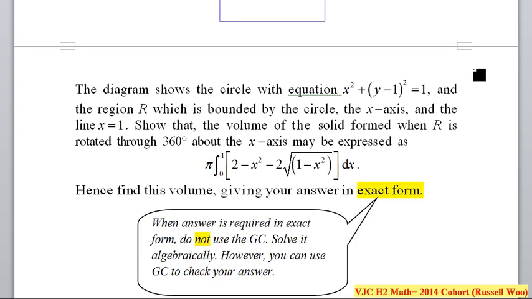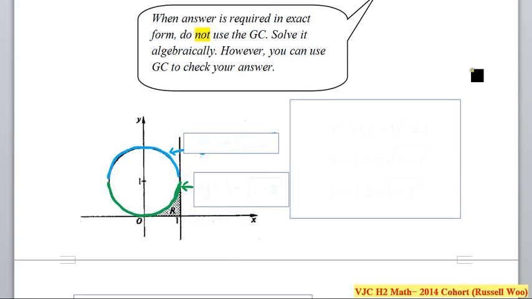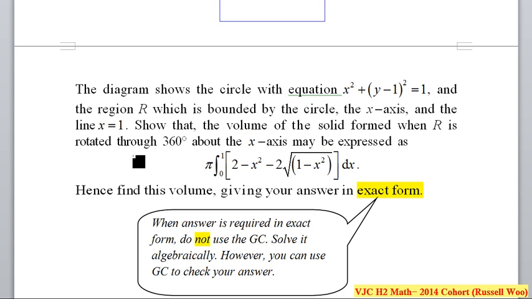The diagram shows, given diagram, diagram shows this, which is here, the diagram. It shows a circle. Center is 1, 0. Okay, no problem. This is the circle.